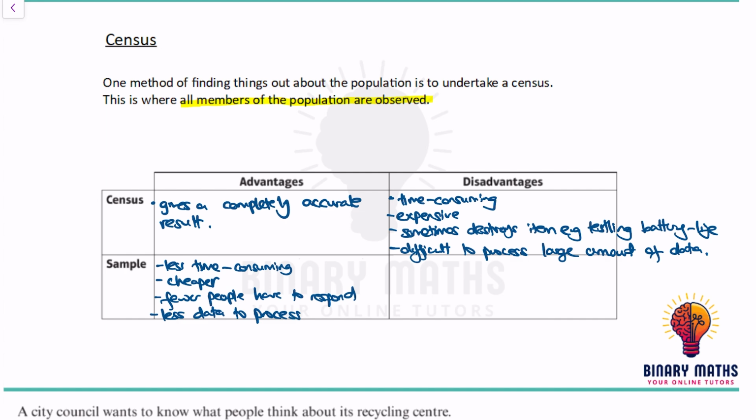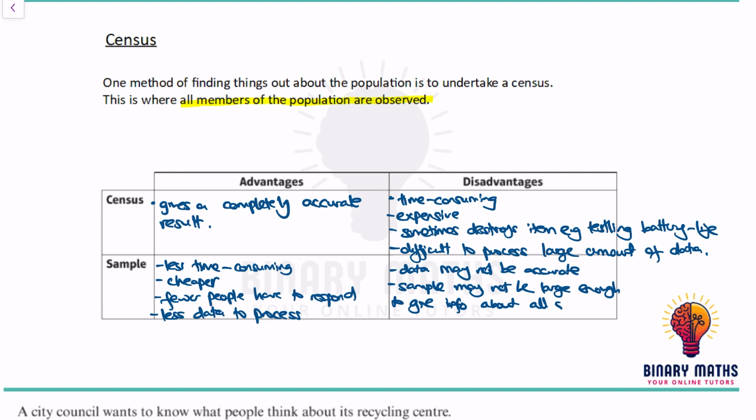The disadvantage would be the data may not be accurate. Due to the sampling method, it might not represent the population. The sample may not be large enough to give information about all subgroups in the population.